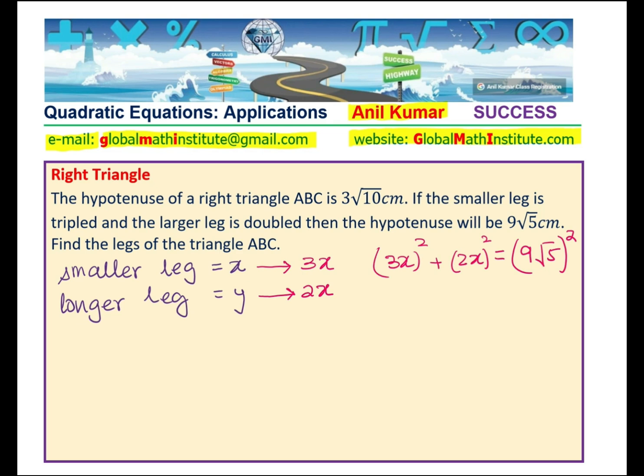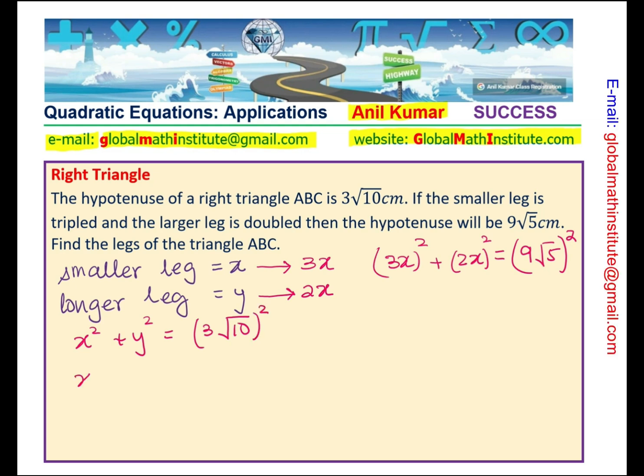And in the earlier one, we are given the hypotenuse of a right angle triangle as 3 square root 10. So that means x square plus y square equals the square of 3 square root 10. We can rewrite this as x square plus y square equals 3 square being 9 and square root 10 square being 10, means 90.